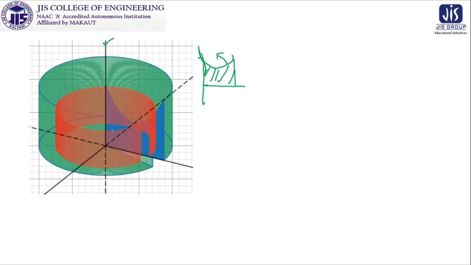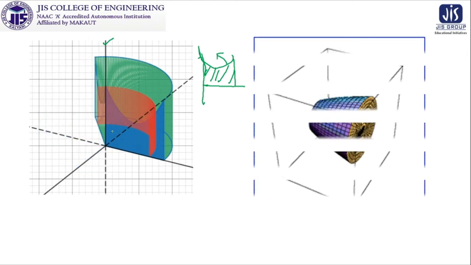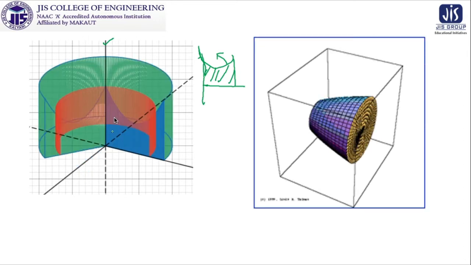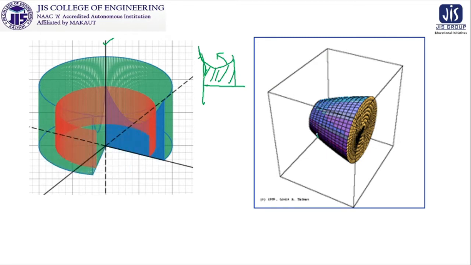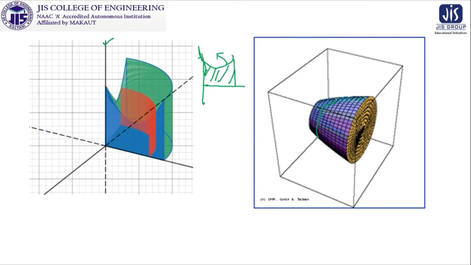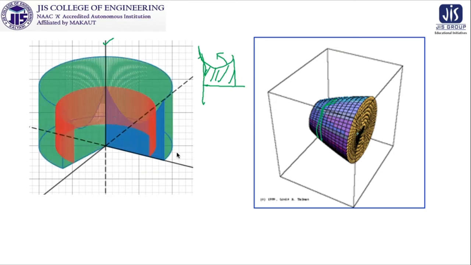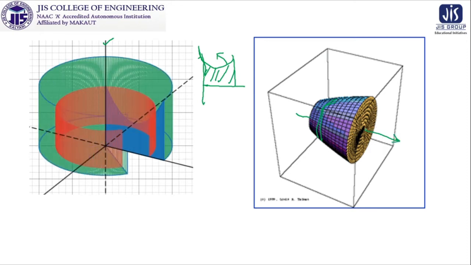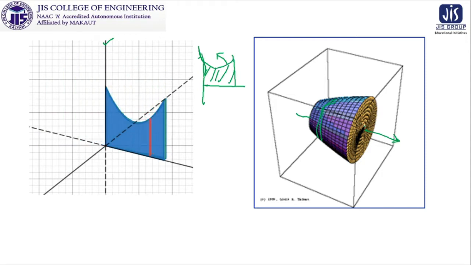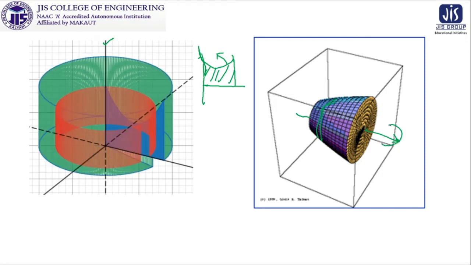If we go for the next illustration, it will help us a lot. Look at this. This particular thing is like a volume. There is one axis, and this curve is revolving with respect to this axis.